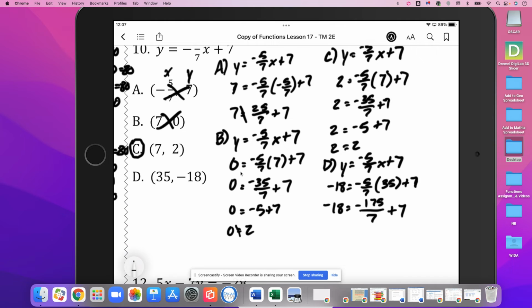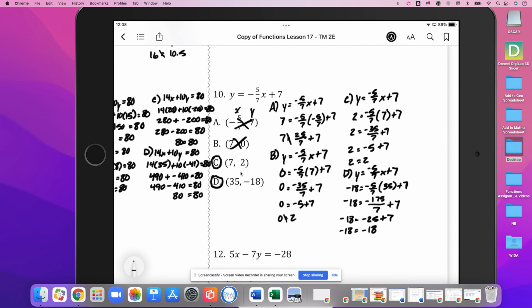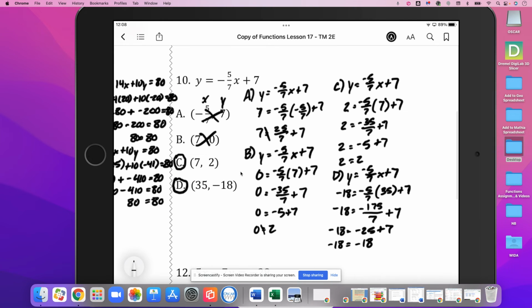And so I'm going to have to use my calculator to get some help with that one. And so divided by 7, it actually comes up to be even 25. So negative 18 equals negative 25 plus 7. And negative 18 is equal to negative 18. So yes, D satisfies the function. Leave this here for notes and move on to 11 and 12.